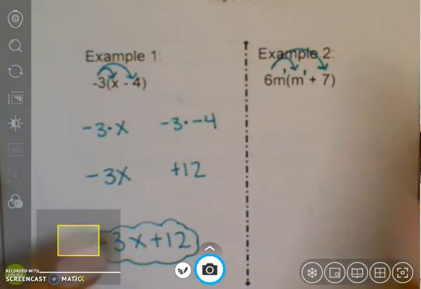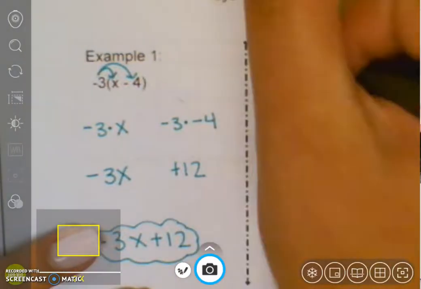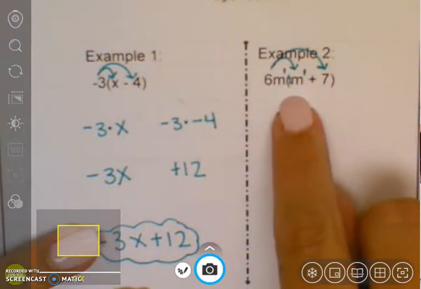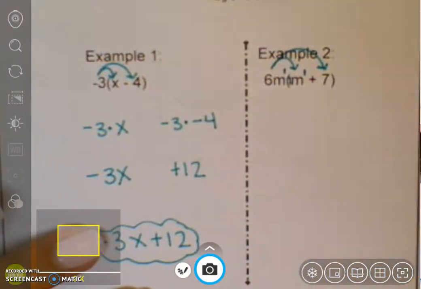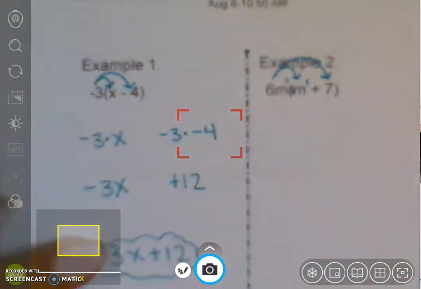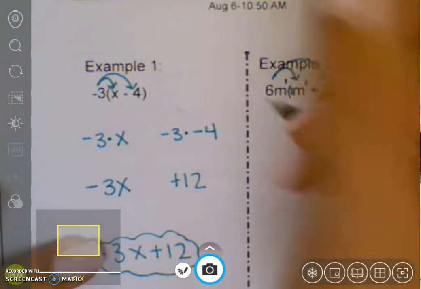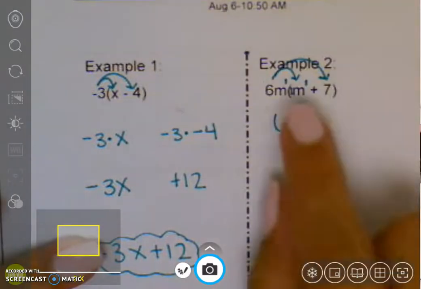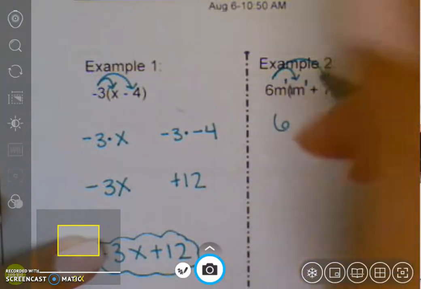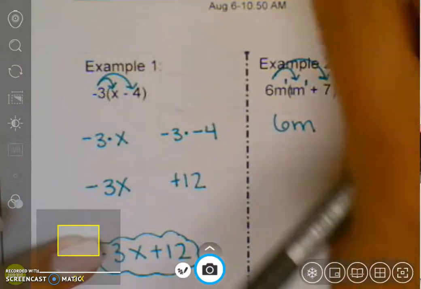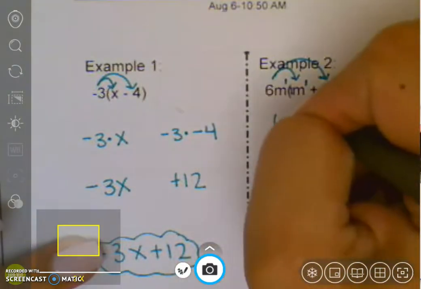Okay, for the next one, also remember that there's a 1 in front of the m right here. So when you're distributing, I'll make this clearer for you. When you're distributing, you have to do 6 times 1, which is 6. The m times the m, you keep the m, and just like what we did above, you have to add exponents.